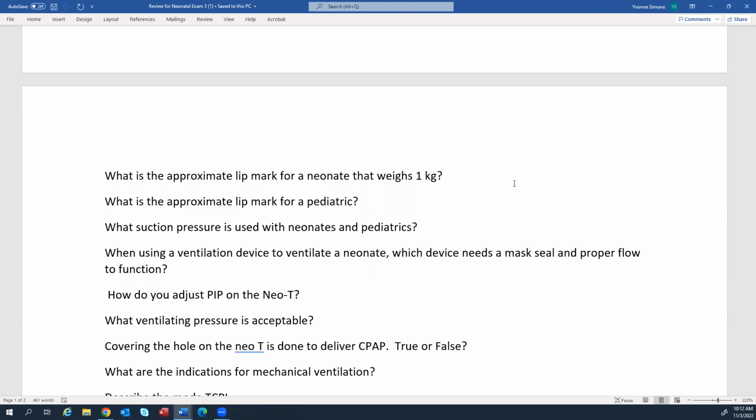The different ventilation devices that we use: one was a flow inflating ventilation device, one was a self-inflating or bag valve mask, and the other one was the NEOT. Remember with the self-inflating bag, as soon as you lose the seal, you lose all the flow in the bag. So that needs a proper mask seal in order to function.